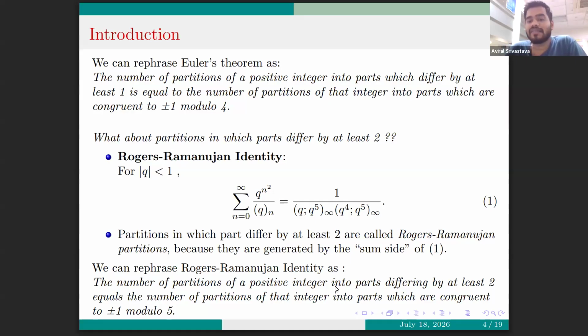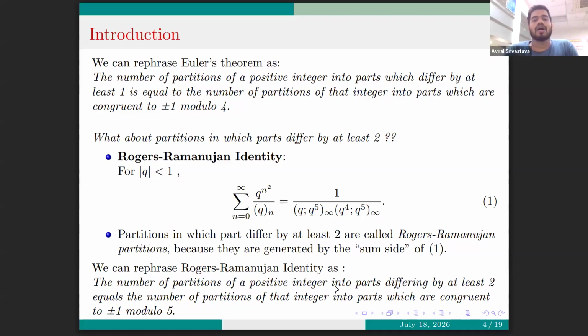If you see the right-hand side, which is the product side, it generates all the partitions where the parts that can appear are either 1 modulo 5 or 4 modulo 5. Again, we can rephrase the Rogers-Ramanujan identity as follows. The number of partitions of a positive integer into parts differing by at least 2 equals the number of partitions of that integer into parts which are congruent to plus or minus 1 modulo 5.